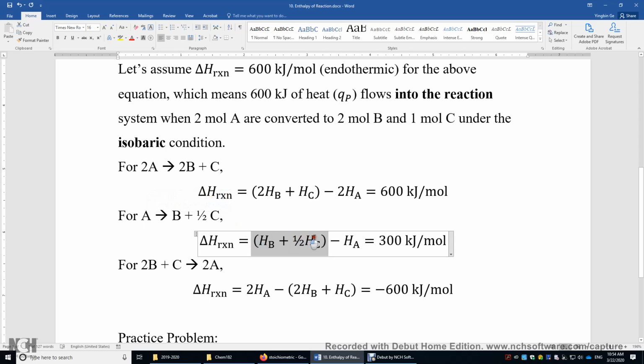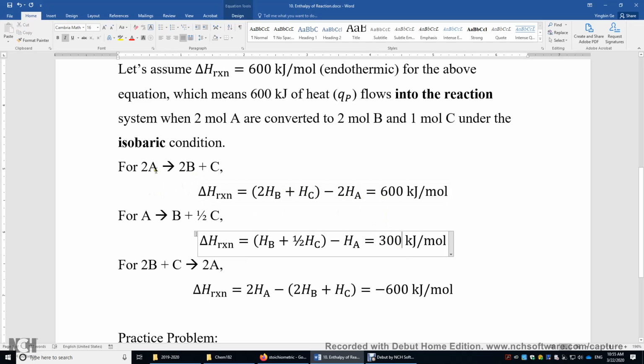Therefore, it's the enthalpy of just 1B and the enthalpy of 1/2 of C minus the enthalpy of 1A. And if you compare this expression with the above expression, you will see this expression is simply 1/2 of the previous expression. Therefore, the result is just 1/2 of 600.